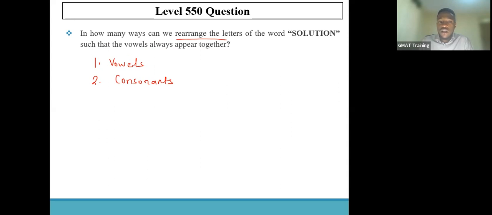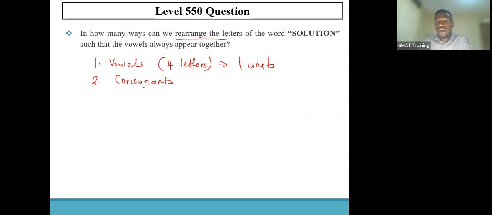This unit of vowels is going to contain 1, 2, 3, and 4 letters, but we are going to consider it as one unit when doing the computation for the number of ways of arranging the units in these two classes, right?